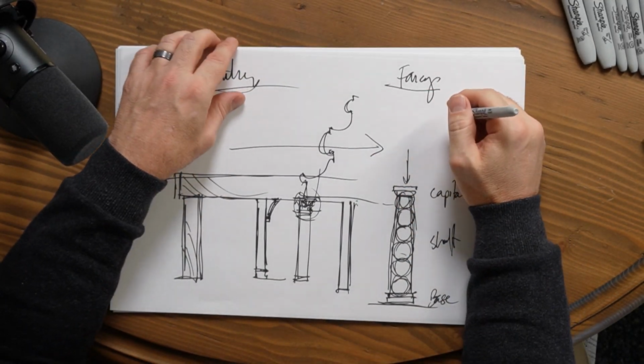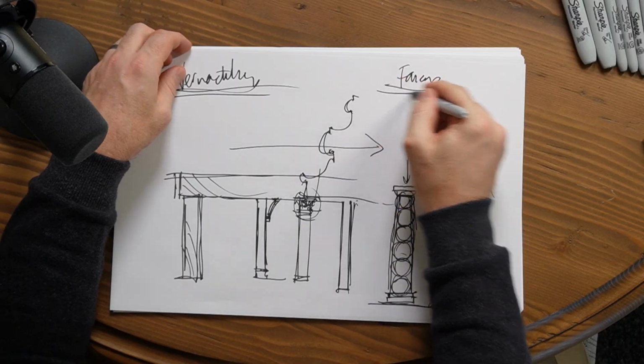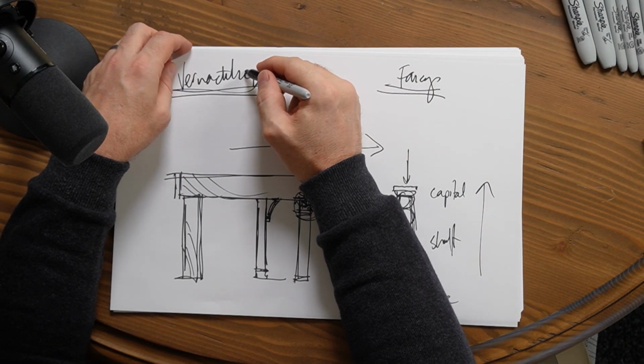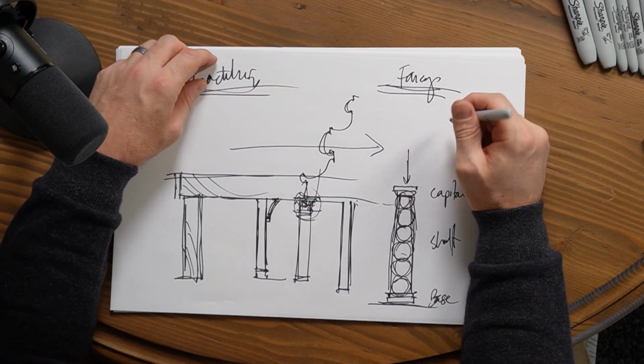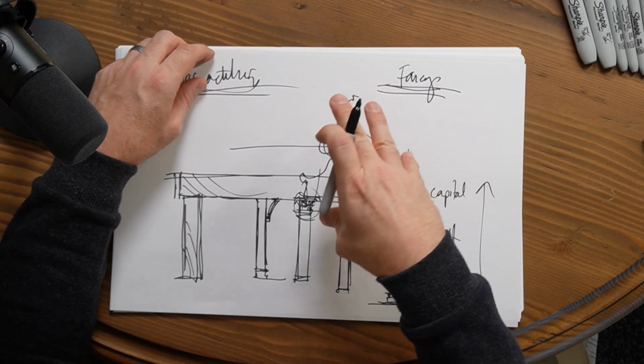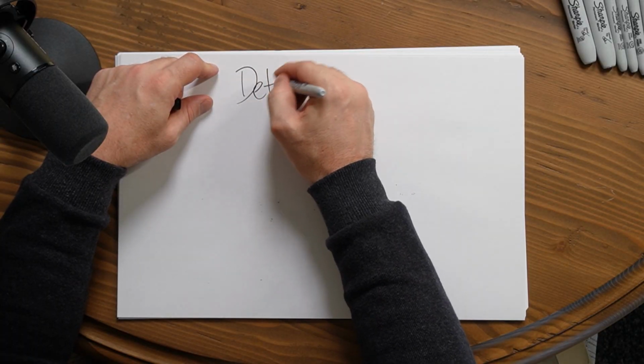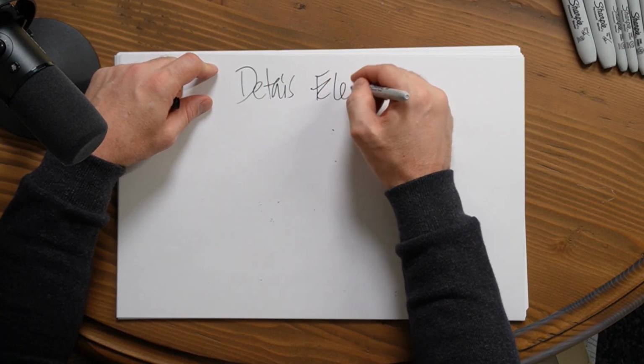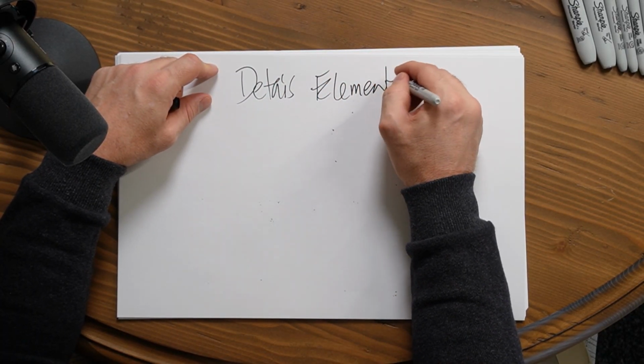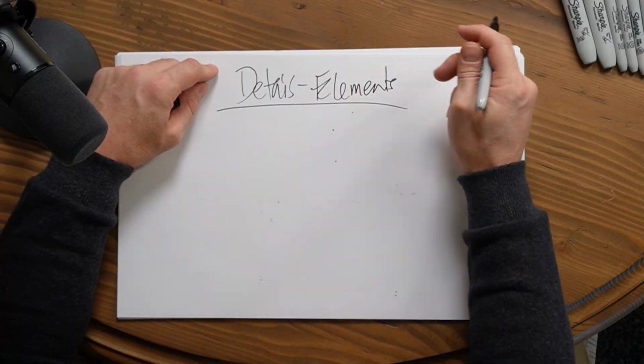And understanding where you're at from vernacular to fancy will help you understand what to apply. And so as we get to the last principle, details or elements, this is where we have an opportunity to go very, very right or very, very wrong.